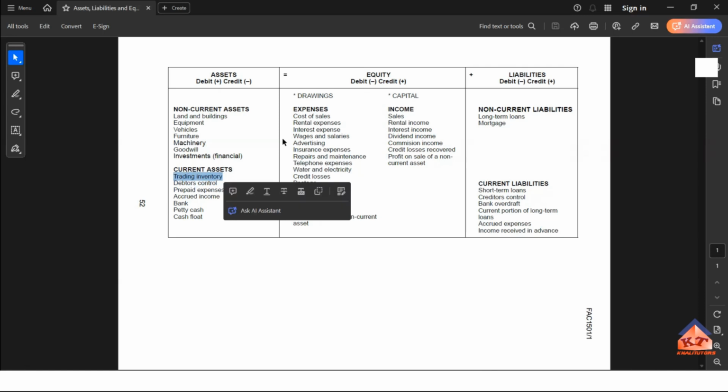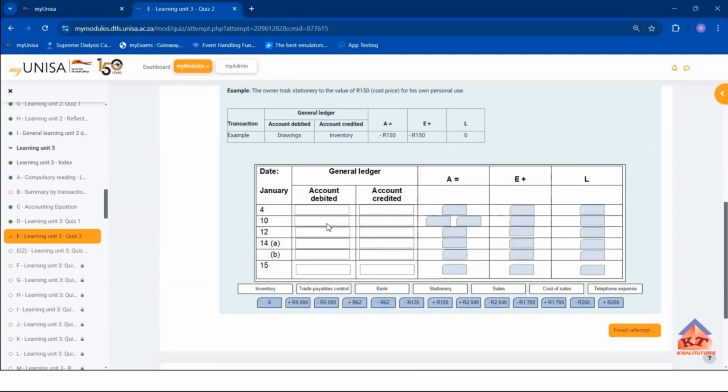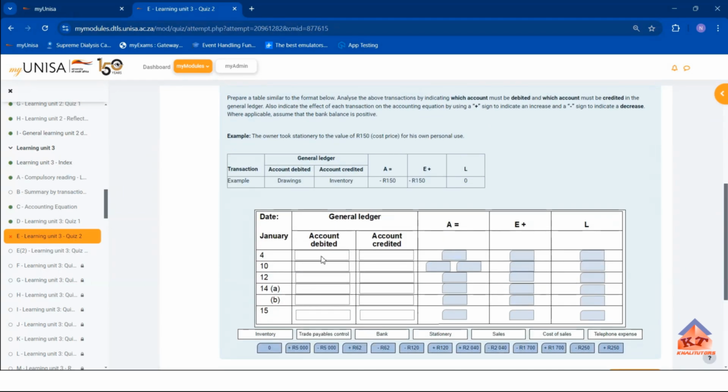So when you buy an asset, what are you supposed to do? When you buy an asset, you are supposed to debit that asset. So here the account to be debited is the inventory account. Remember, inventory is an asset. The account to be credited, remember, we bought this on credit, so this is trade payables control.